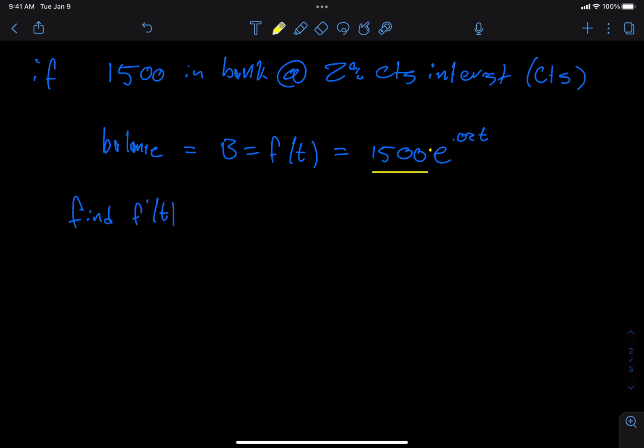I'm seeing no. Head shaking no, and I agree. We don't need to use the product rule. Can someone put it into words? Why do I not need to use the product rule to handle that 1500? Or what should I do instead?